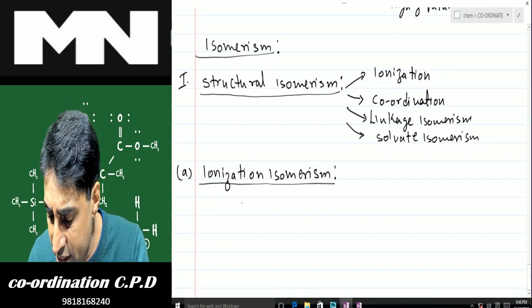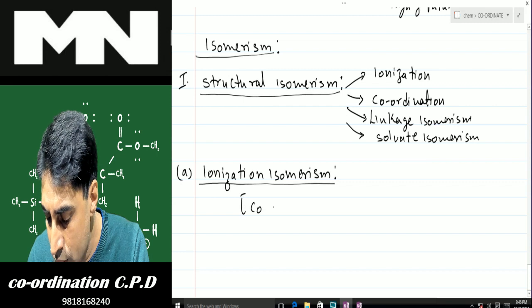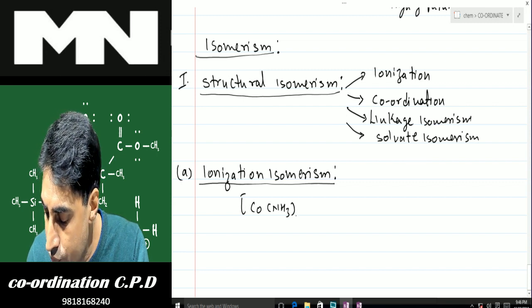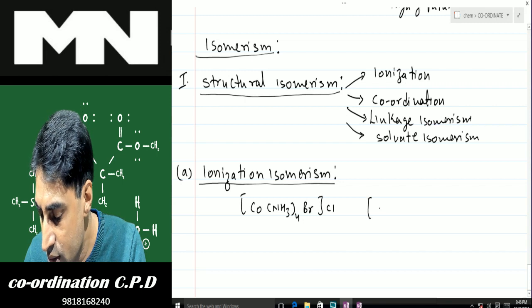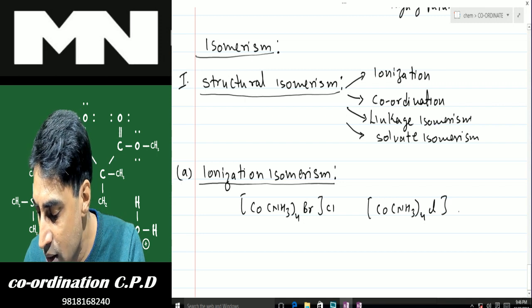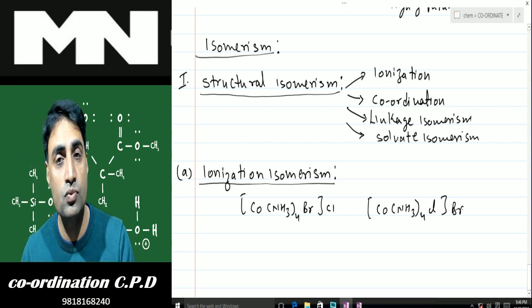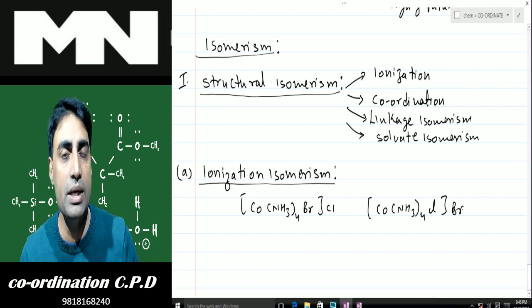I give you one example. Suppose I've got a compound like [Co(NH3)4BrCl]. And the second compound I've got is [Co(NH3)4ClBr]. Both compounds have the same molecular formula.